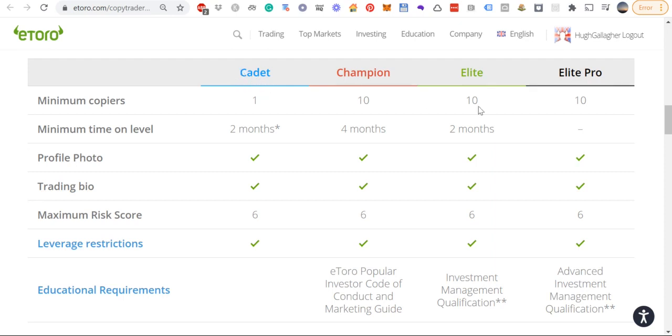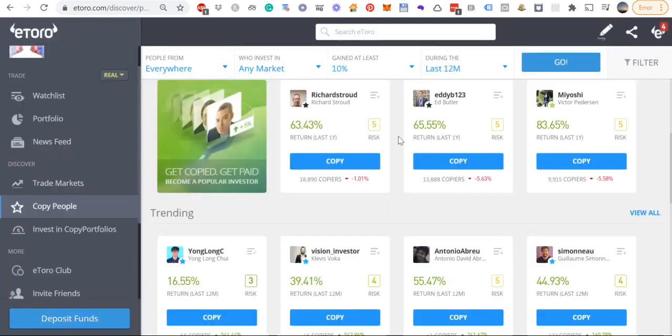And one of the great things about eToro is it's very easy to copy, and it's very easy to move your money from one investor to another. So if a particular investor that you've copied isn't doing that well, you can switch over into another investor who is doing better. So that's a big plus with eToro. That's one thing to bear in mind.